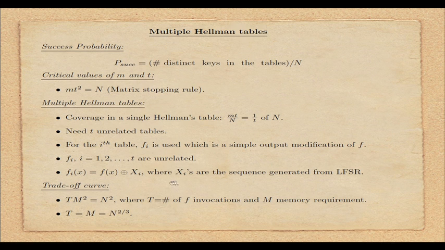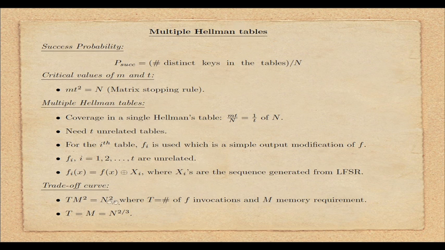In our construction, we have chosen f to be some XOR with LFSR key generation, and this gives us a trade-off t m square equal to n square, where t is the run time.